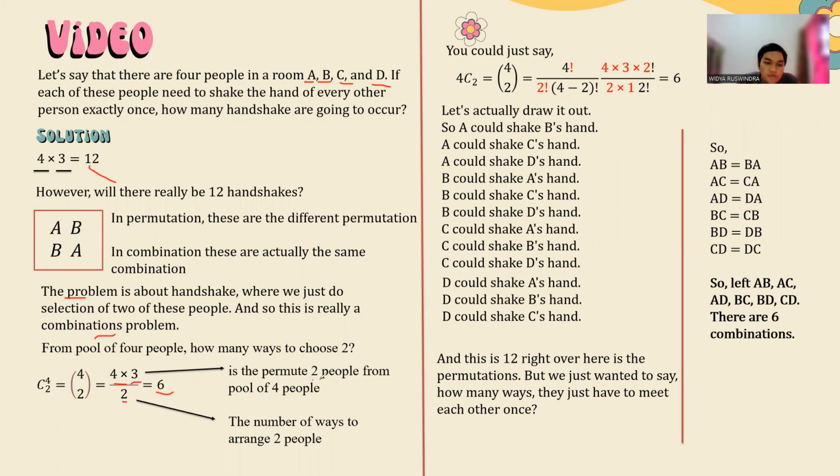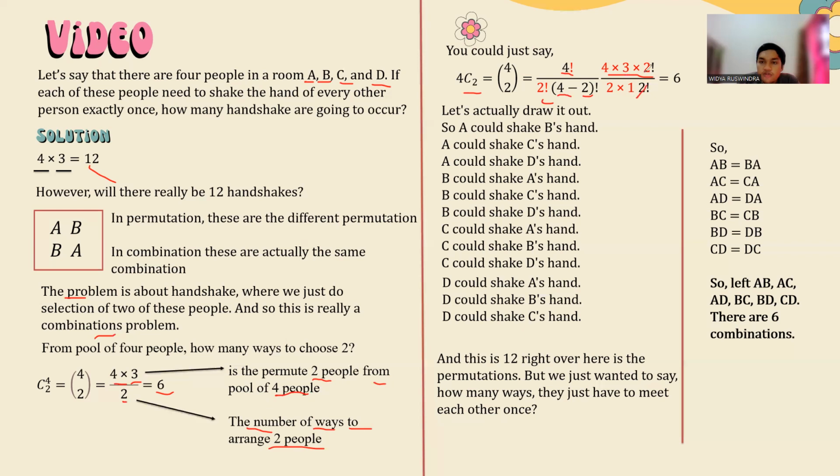In the permutation, we pick two people from the pool of four people and count the number of ways to arrange two people. So you could say 4 choose 2 is equal to 4 factorial over 2 factorial times (4 minus 2) factorial, which is equal to 4 times 3 times 2 factorial over 2 times 1 times 2 factorial.